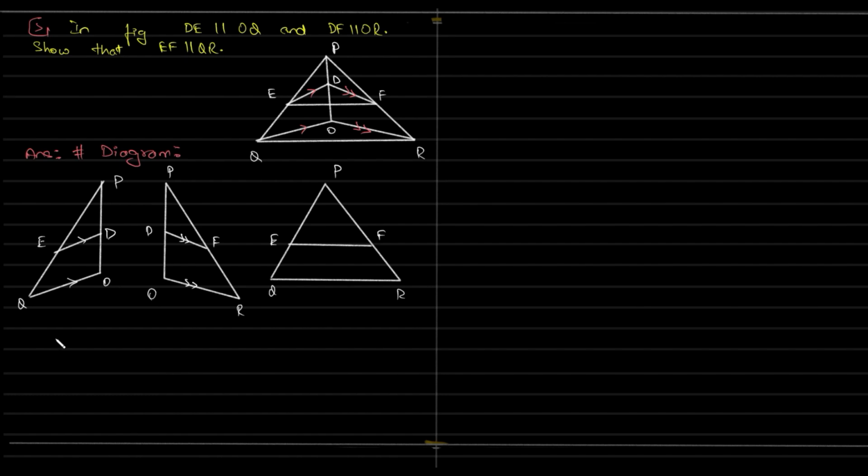So as per our usual schedule, we need to write given. We have DE is parallel to OQ, DF is parallel to OR, and that is to be proved: EF is parallel to QR.